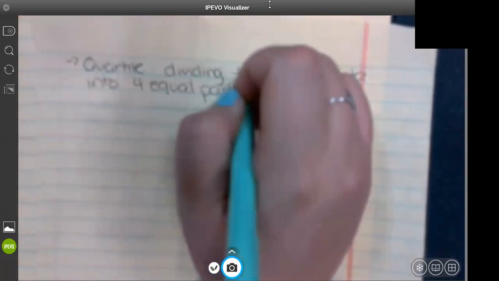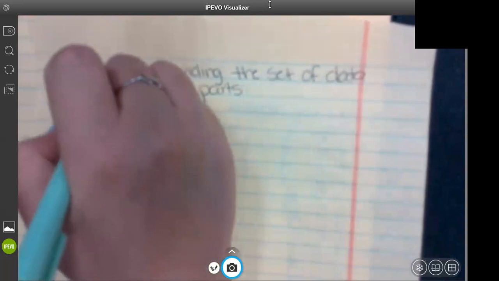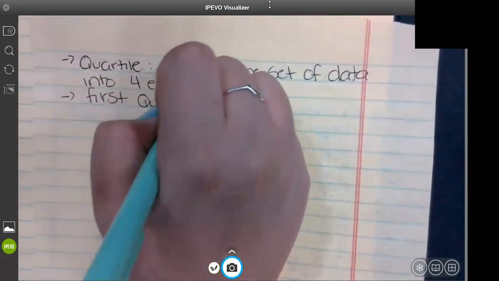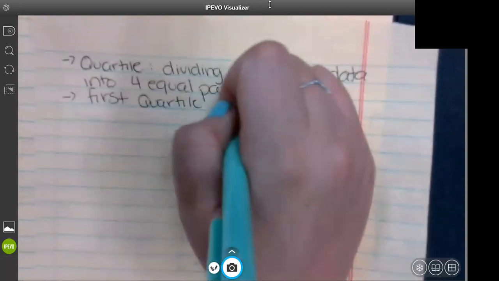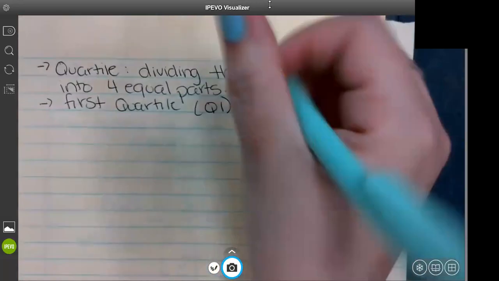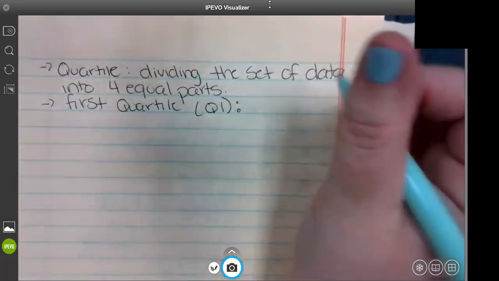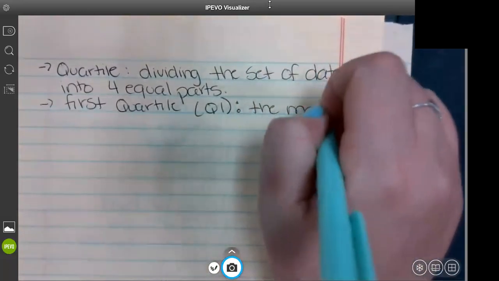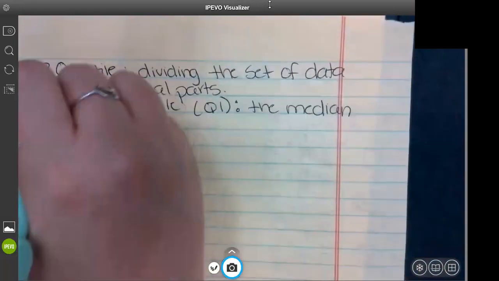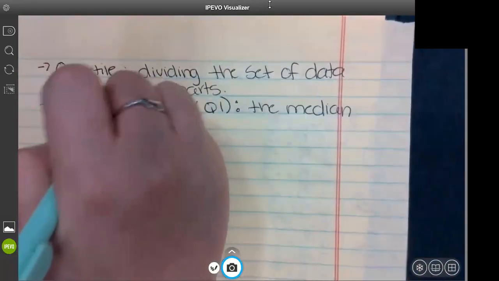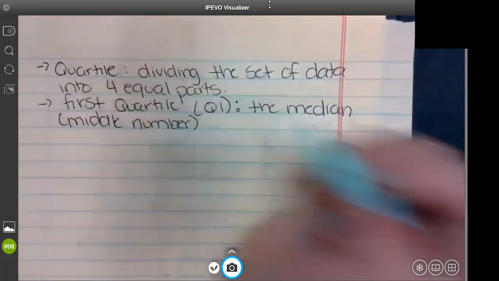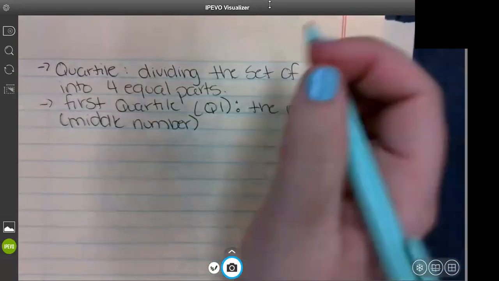And those equal parts are going to be called the first quartile, which will be seen as Q1. And that's the median or the middle number of the lower numbers.